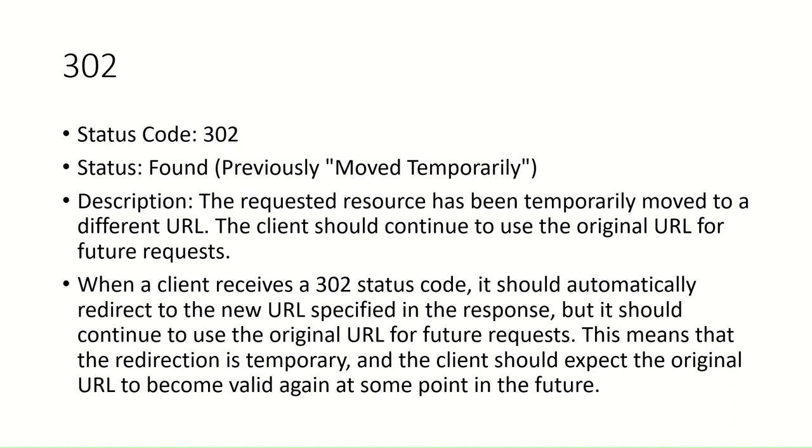When a client receives a 302 status code, it should automatically redirect to the new URL specified in the response, but it should continue to use the original URL for future requests. This means the redirection is temporary and the client should expect the original URL to become valid again at some point in the future. So this is about 302.